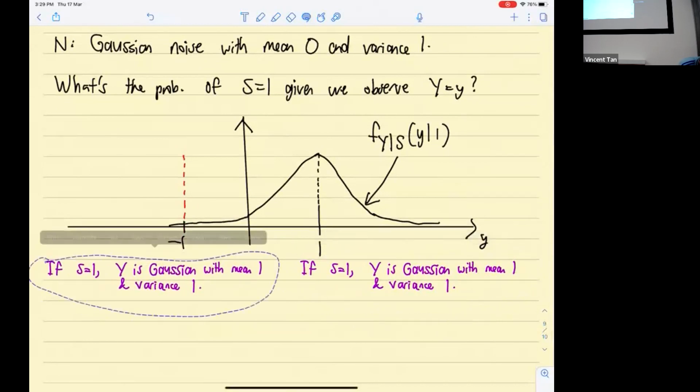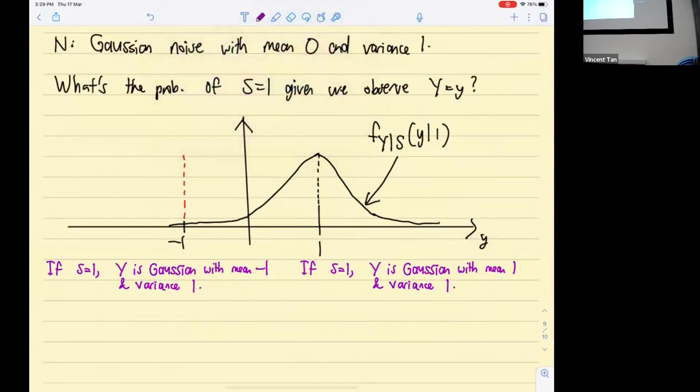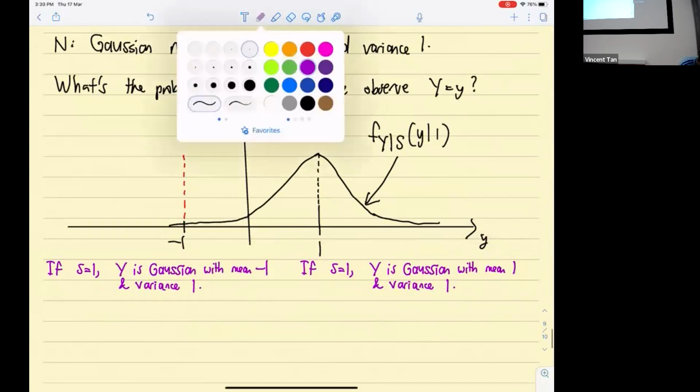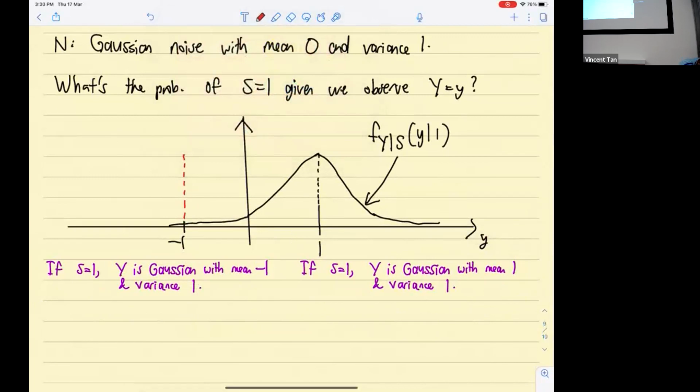Let's copy on this side. Mean minus 1 and variance 1. So we can draw the density this way as well. That is the probability density of Y given that S is equal to minus 1. As you can see, it's symmetric.